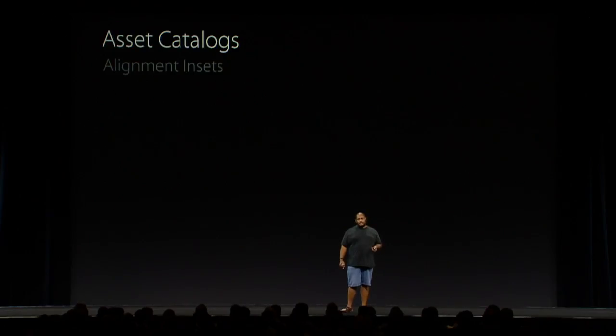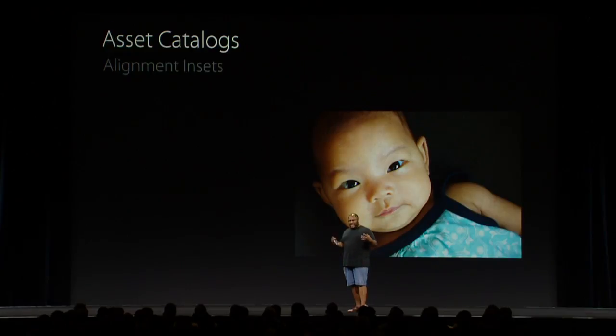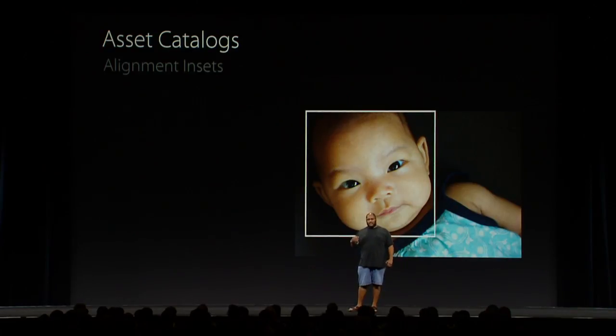Other things that asset catalogs provide are pieces of metadata that you can attach to your image for various purposes. The first one we're going to discuss are alignment insets. So let's bring baby Sophia back here. Let's say that we have an application where sometimes we actually want to crop this image to a square crop. If we just naively picked the center part of the image, we'd miss most of her face. We really do want that square that frames her face well.